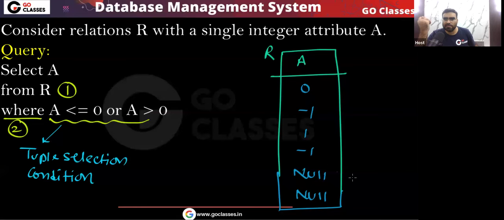But something will happen if A is null. If A is null, then something else will happen. Because remember, in SQL, we have three truth values: true, false, unknown. Okay. Yes or no? So now let's see. Now you can easily see, remember, this where will apply tuple by tuple. So let me write it here.